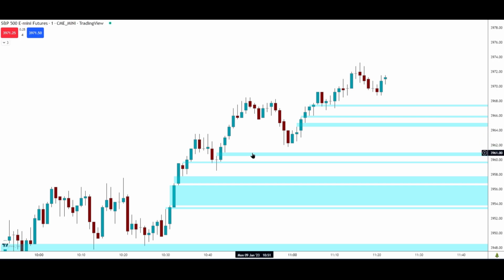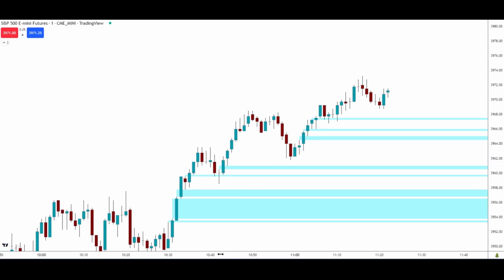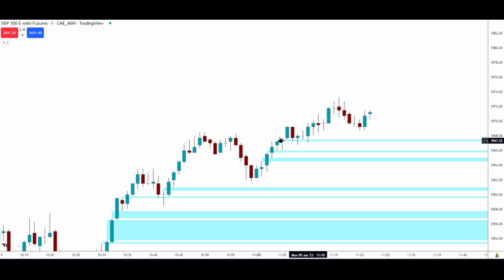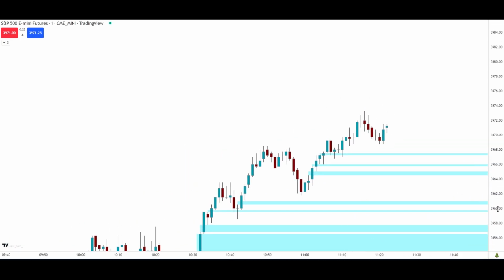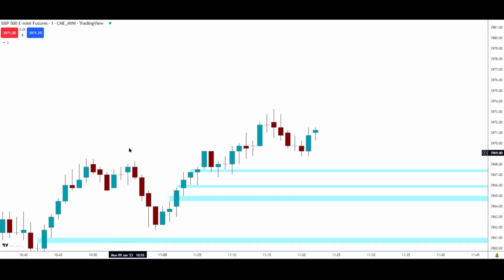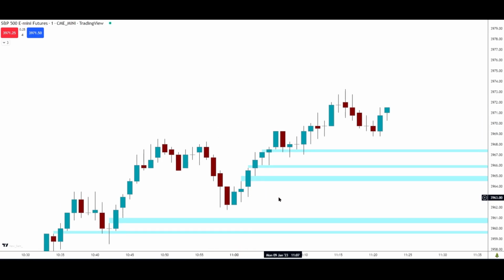I know ICT trades with it, but he's also the inventor of these concepts, you guys. So you need to understand that just because he does something doesn't mean you guys should. The best time to trade the 1 minute is in a high volatility environment, like a news release or something like that.